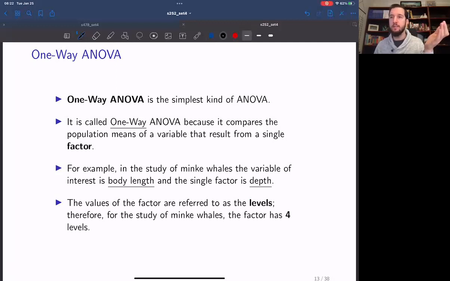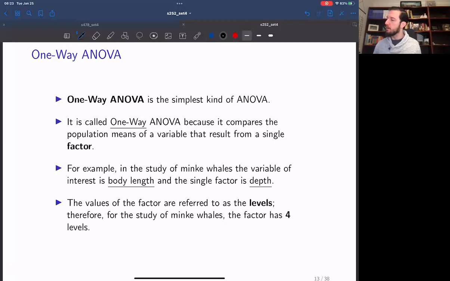As we extend to different types of ANOVA, for example, a two-way ANOVA, you have one variable that you're measuring, but you're grouping the population based off of 2 different characteristics. All right. So as we extend to different definitions of ANOVA, what we're mainly going to be doing is just adding in additional factors that separate the population into different groups.